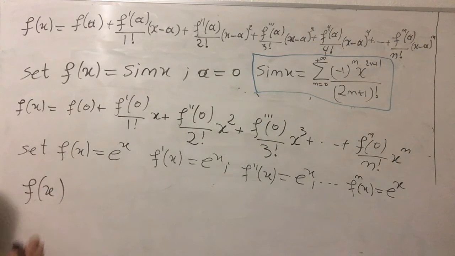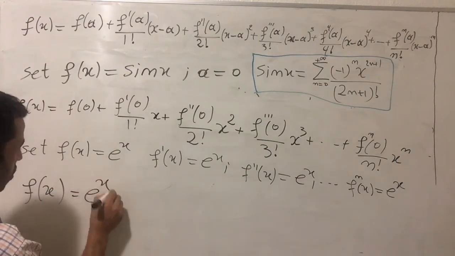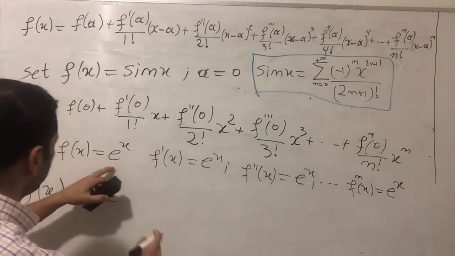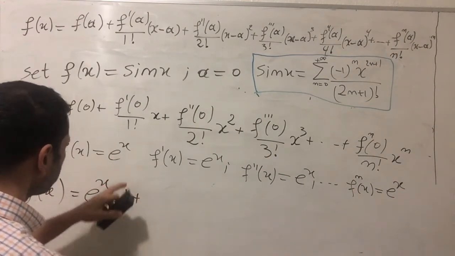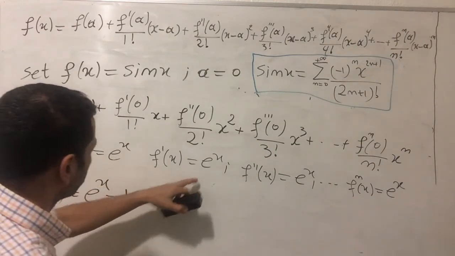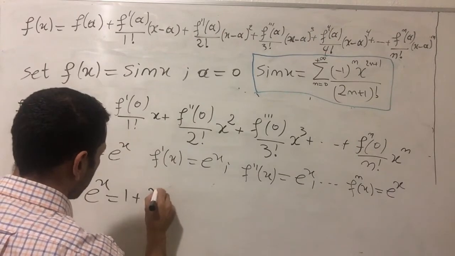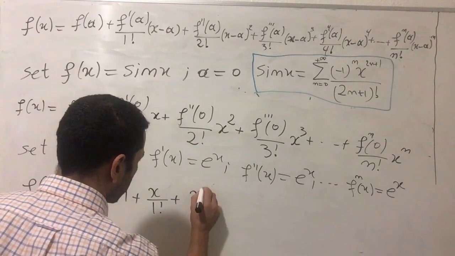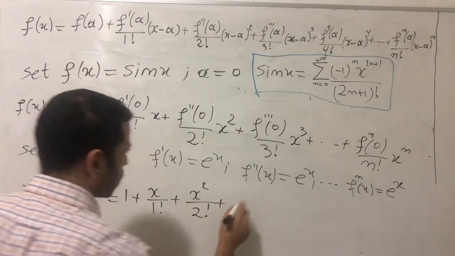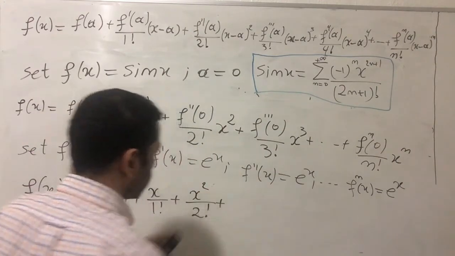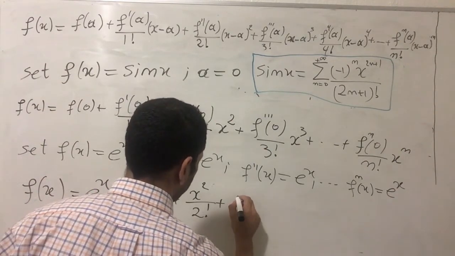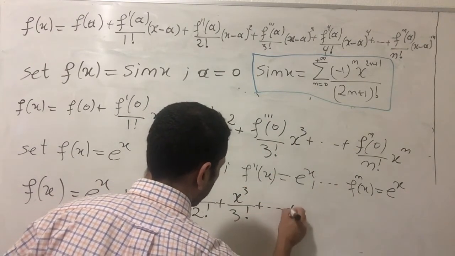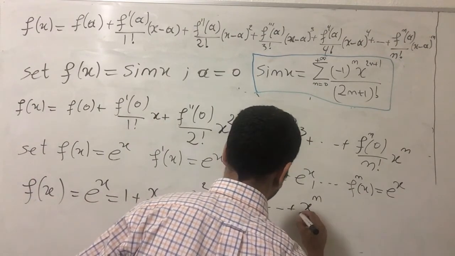Okay, let's express this as a Taylor series. f of x equal to exponential x equal to, I'm going to plug this into this expression, f of 0, which is 1, plus the first derivative of exponential x at 0, which is given as x over 1 factorial, plus the second derivative at 0, which is x squared over 2 factorial, plus the third derivative at the point 0 equal to 1 multiplied by x cubed over 3 factorial, and all the way down to x to the n over n factorial.